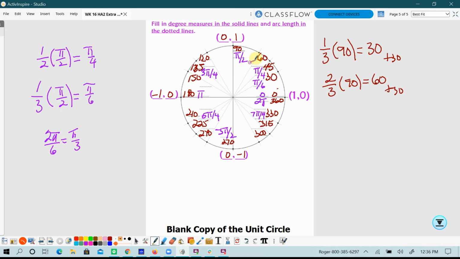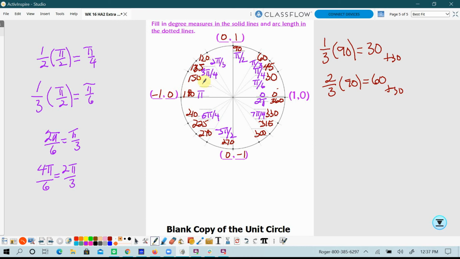I'm trying not to make this look too messy, but I'll say them out loud so you can hear it. 1 pi over 6, 2 pi over 6 at 60, 3 pi over 6 at 90, 4 pi over 6 at 120. But I can reduce that to 2 pi over 3. It's at 120.